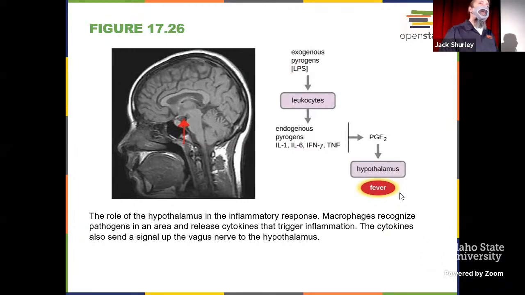Sometimes when we think about infection, just a subtle shift in temperature becomes inhibitory to some of these pathogens. So a little bit of fever might be a good indication that your body's trying to ward off this infection. High fevers can definitely cause some serious issues, and you may want to try to bring that down.